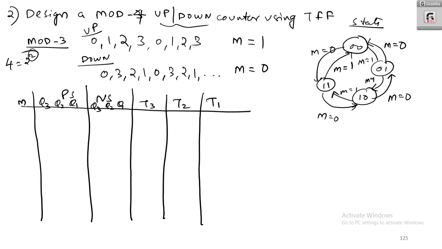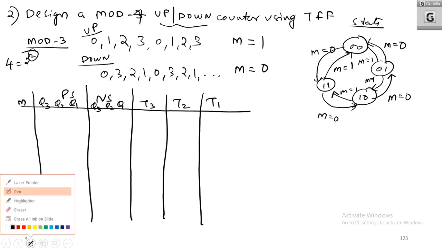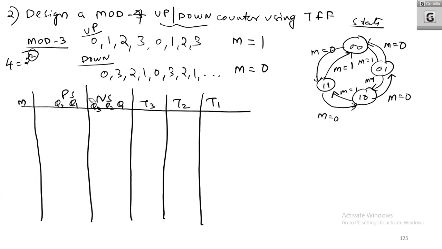But Q3 is not there and T3 is not there. Again that mistake coming in. You can go for only T2 and T1. That is sufficient.